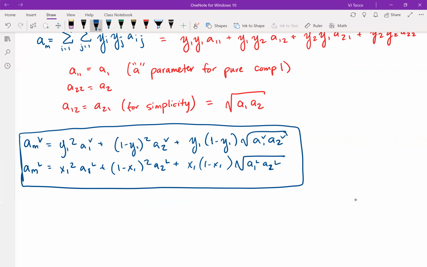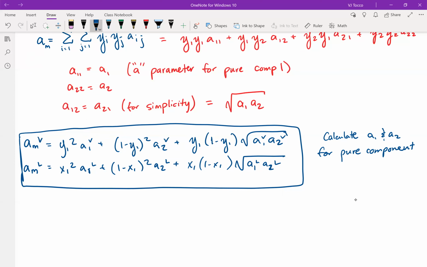So the procedure here is to calculate A1 and A2 for pure components, and then plug them in to get the mixing parameters.